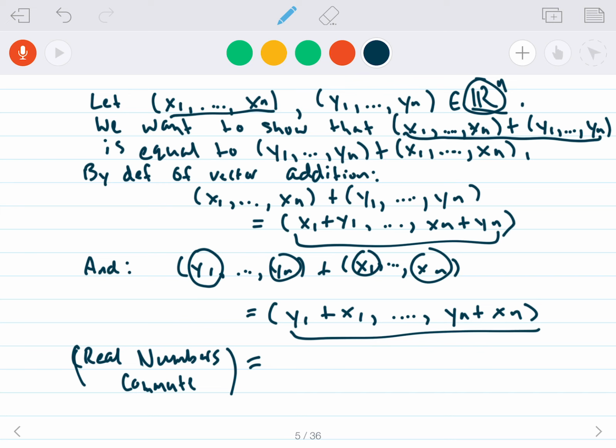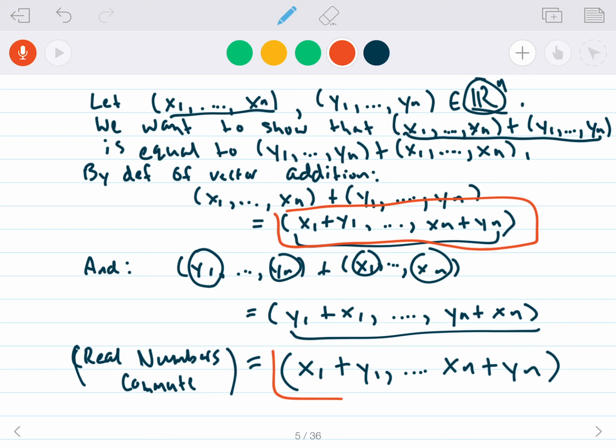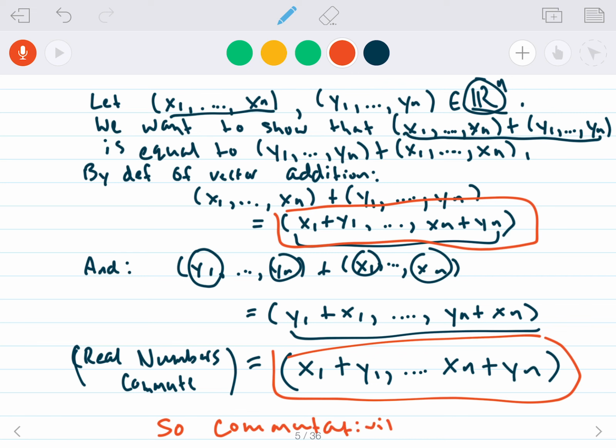So real numbers commute, so this means that we can switch the order in the little entries. So x1 plus y1 dot dot dot xn plus yn. So check it out. Now they're the same. So commutativity is proved. Or is shown, whatever.